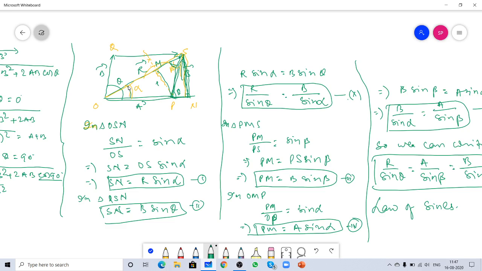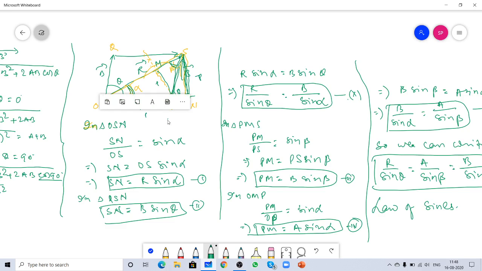What is tan alpha? Tan alpha will be Sn by On, because it is P by B. This is P, this is B.